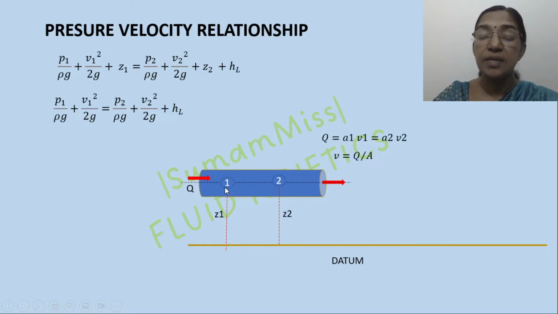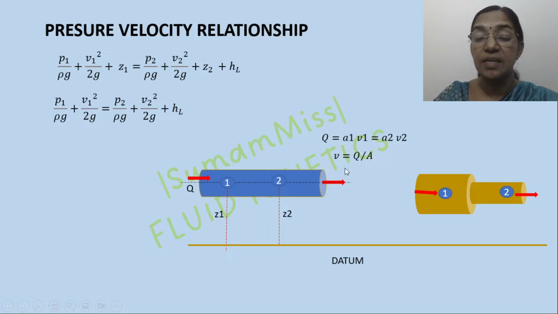The continuity equation is valid here. That means Q equals A1 V1 equals A2 V2, or velocity is calculated as V equals Q by A. Consider these pipe segments. Here the flow is taking place from section 1 to section 2. But because of the reduction in the flow area, for the same discharge, velocity is increased at section 2.